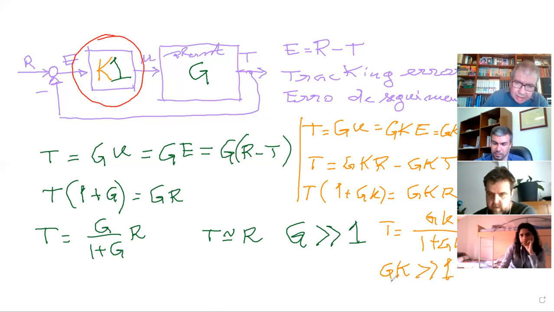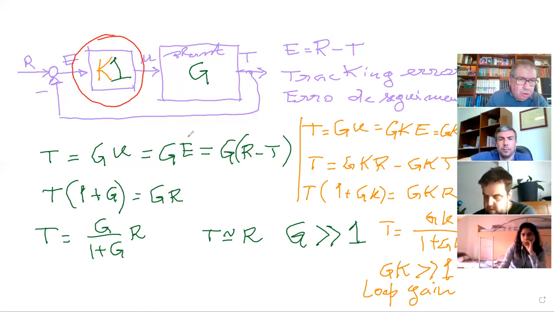Okay, this product has a name, it's the loop gain. So it's the product of the gain of your controller, which is K, and the gain of your plant, which is G.